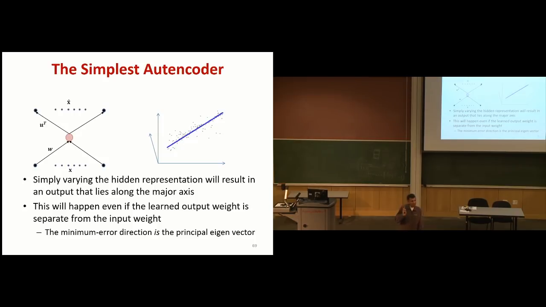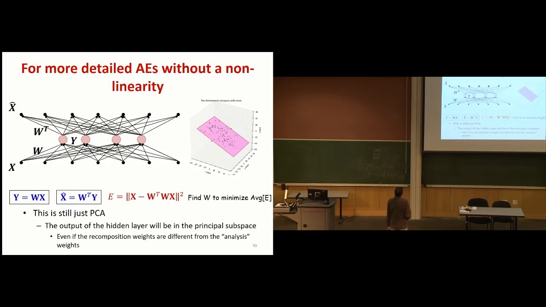Now, let me go from a single hidden neuron to many hidden neurons. What happens in this case? I have a collection of hidden neurons. The output is going to be a vector y, which is some W times x. I'm still assuming that it's a linear activation. There are no nonlinear activations. And anytime a feature is discovered, I'm going to feed that feature back to try to reconstruct the input.